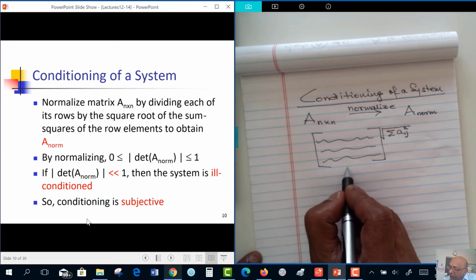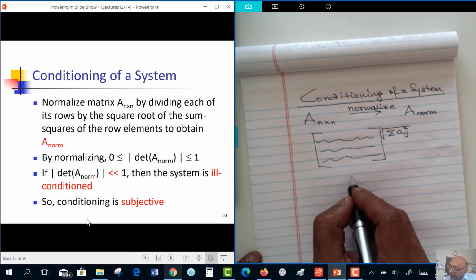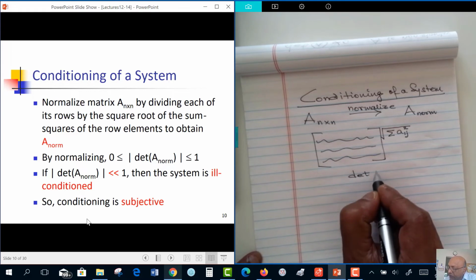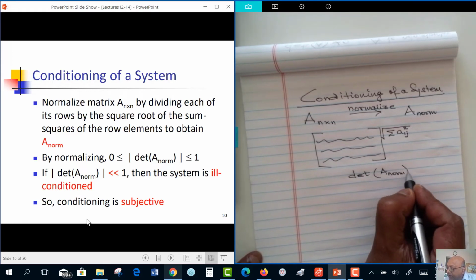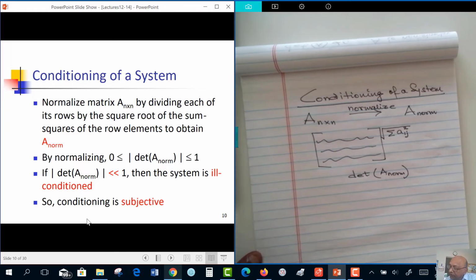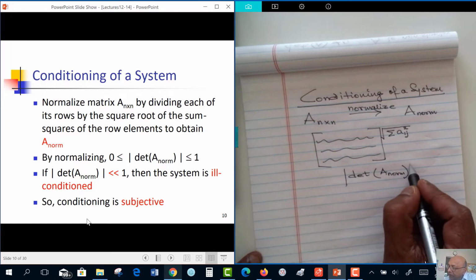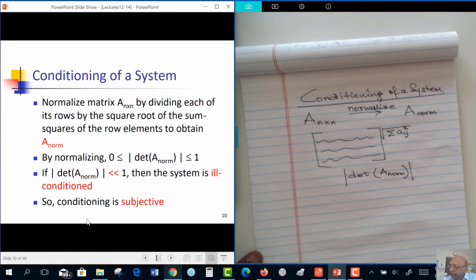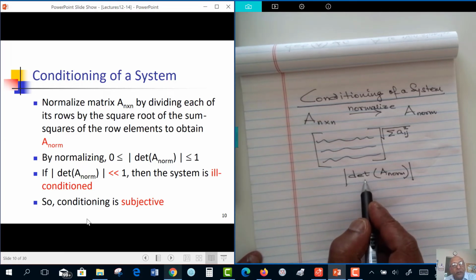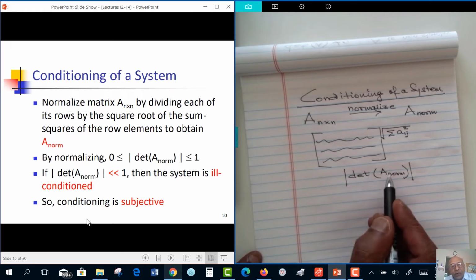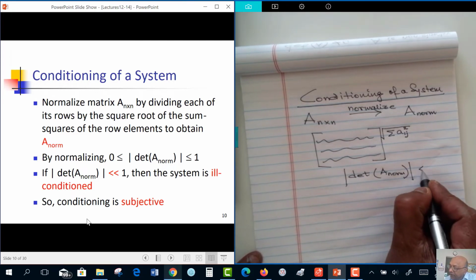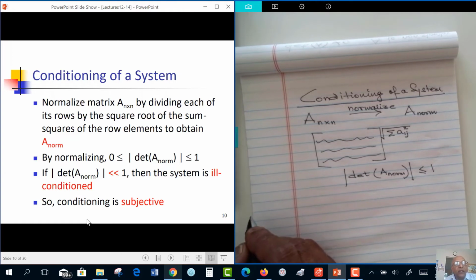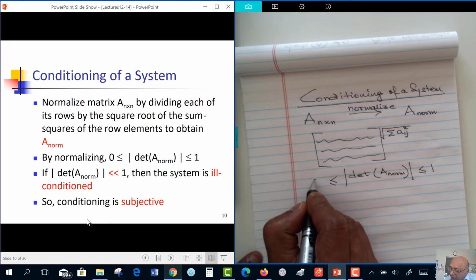Once we get a normalized matrix, then we take its determinant. So what the normalization process does is make its determinant's magnitude between 0 and 1. The determinant can be positive or negative. We don't usually care about the sign. So we say this determinant is less than or equal to 1 and greater than or equal to 0.